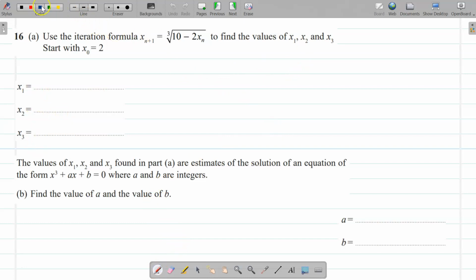Go to the calculator and literally type into the calculator 2, then press the equals button. That stores the answer 2 in the calculator, and then go straight into typing this.